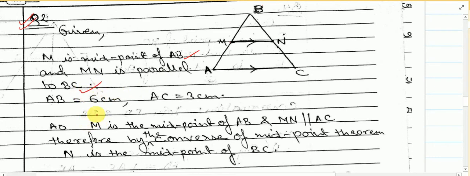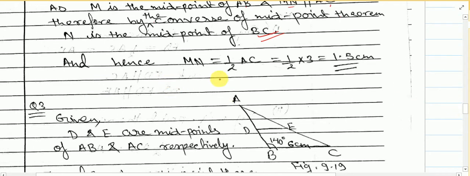AB is 6 centimeter and AC is 3 centimeter. As M is the midpoint of AB and MN is parallel to AC, therefore by the converse of midpoint theorem N is the midpoint of BC, and hence MN will be half of AC.